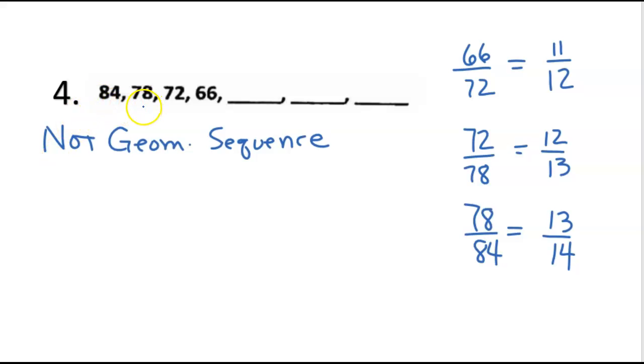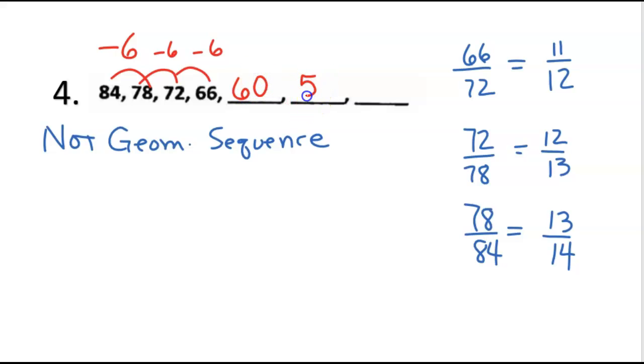To go from here to here, what would you actually need to do? Couldn't I subtract 6? If I go from here to here, couldn't I subtract 6 to get to the next number in the pattern? Is this a subtraction pattern instead of a multiplying pattern? What's 66 minus 6?